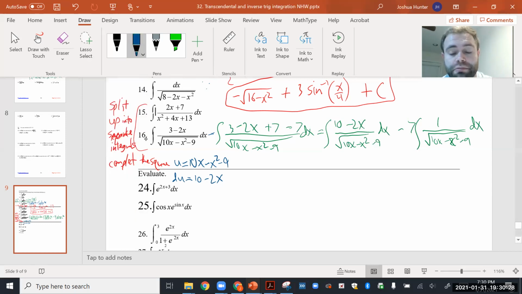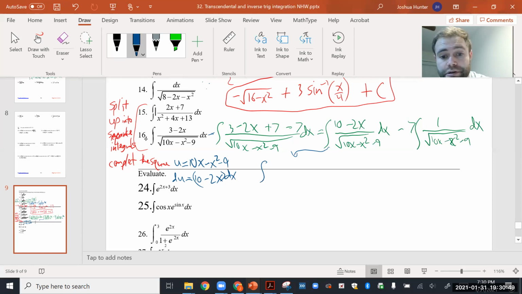And then that first one will be U substitution, which we've already figured out what the U and du will be. 10 minus 2x dx, that is our du. U is what's inside the square root. So that one ends up becoming the integral. I don't even have to do any manipulation to that because we have 10 minus 2x dx.